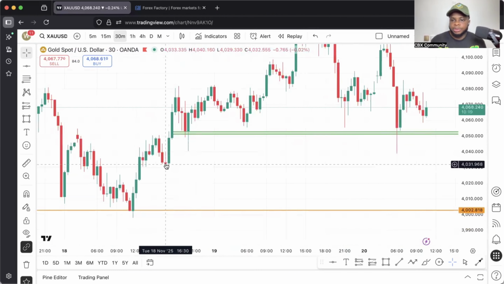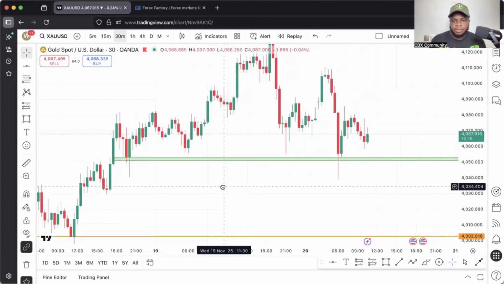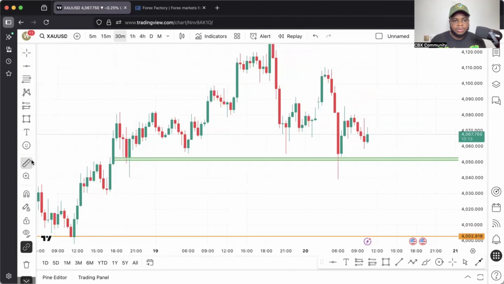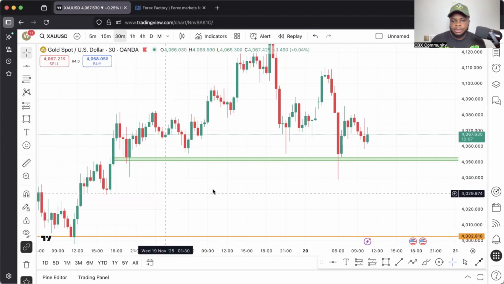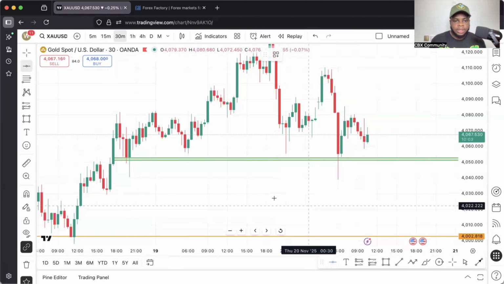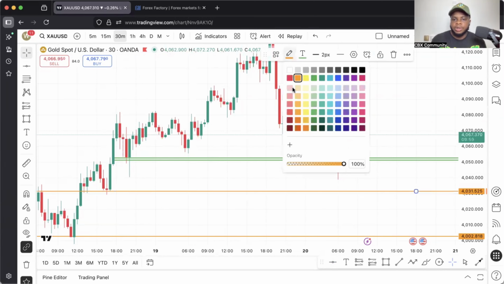Then we have a minor support and a support zone over here. From this support zone to this minor support, we are looking at 200 pips. Okay. So let's see this minor support, but I need to change the color since it's a minor support.